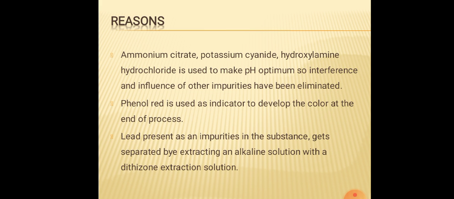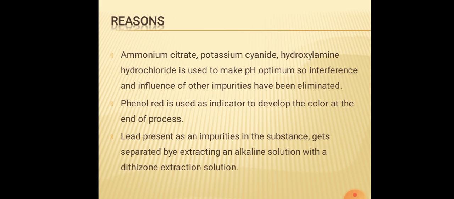Means other metals cannot be entrapped because of the specific pH, and this pH is maintained for this solution for the limit test of lead. pH is maintained by using ammonium citrate, potassium cyanide, hydroxylamine hydrochloride. So this is the reason behind the use of ammonium citrate, potassium cyanide and hydroxylamine hydrochloride: to optimize the pH of your solution and to eliminate other metal interference and influence.